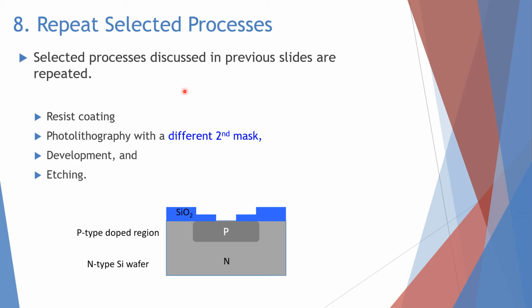Some of the process needs to be repeated in order to create, let's say for this one we want to create NPN, so then we have to repeat to create the N on the top over here. So for example, resist coating and then photolithography with a different mask, and then development again, etching again.